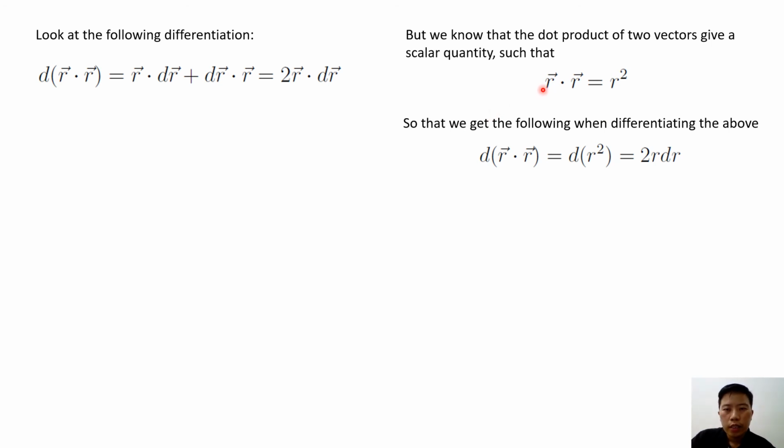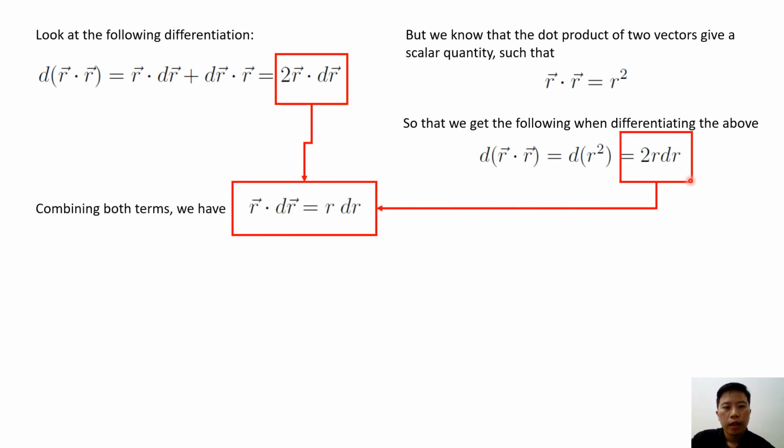If you differentiate this, you will get 2r dr. You start with the same expression, and then you have two different answers, which means that r, which is a vector, dot dr, which is a vector, is equal to r, which is a magnitude, times dr, which is a magnitude as well.